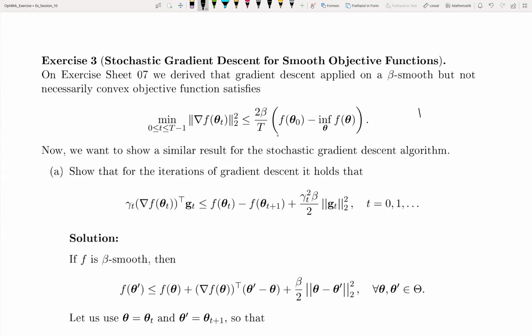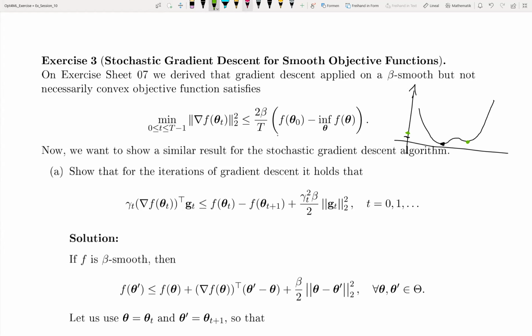If you have, for instance, a function like this, then here would be the global optimum. So something like this. Here would be the global optimum with this function value, and the local minimum, which is also fine at this position, with this objective value.